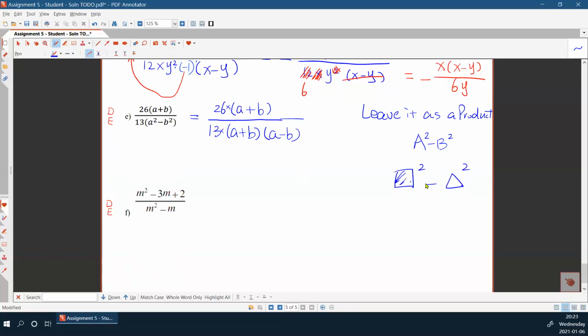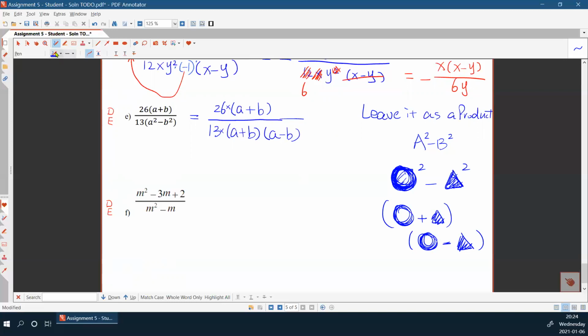You can use a square and a triangle, or you can use a circle. Doesn't matter if you're using a symbol or letters. The key is something squared minus something squared equals something plus something times the difference between these two things. Understand?